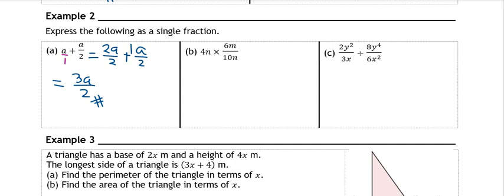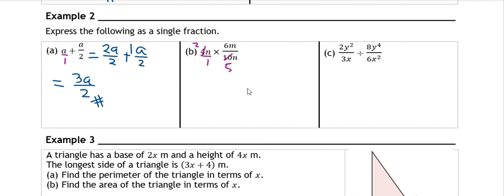And then part B, 4n times 6m over 10n. Just try to be confident here, because this doesn't really make a problem. So let's cancel like usual. 4 can be divided by 10, but you have to simplify. 4 divided by 2 will be 2, and 10 divided by 2 will be 5.